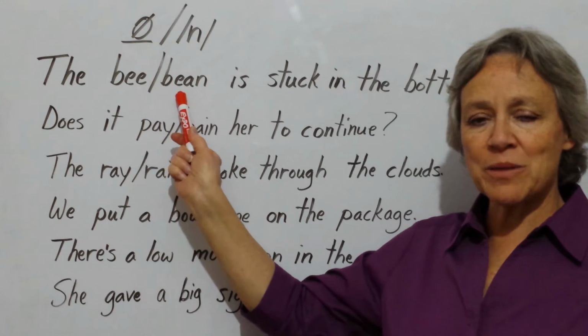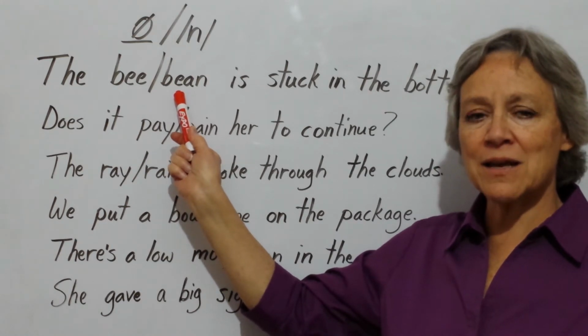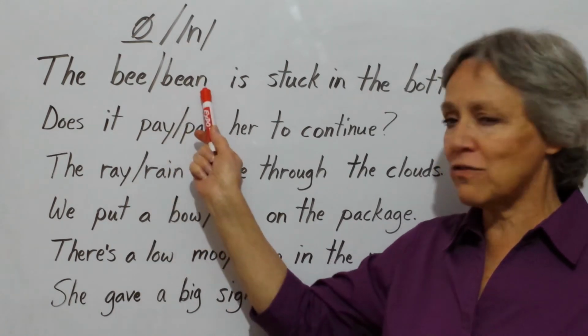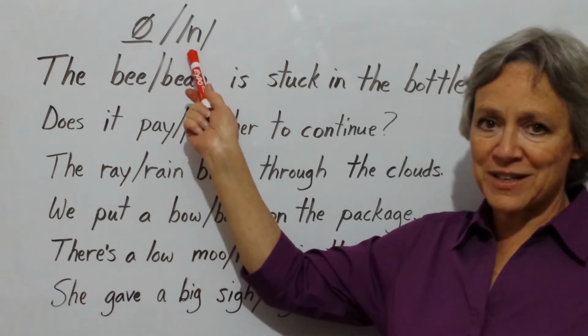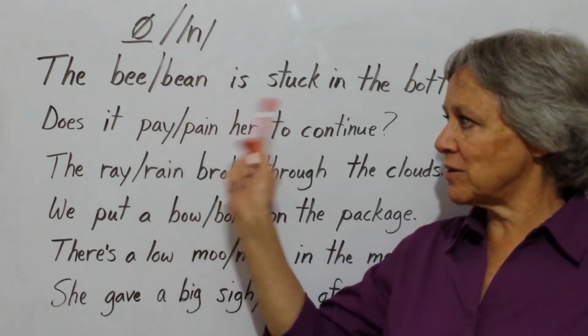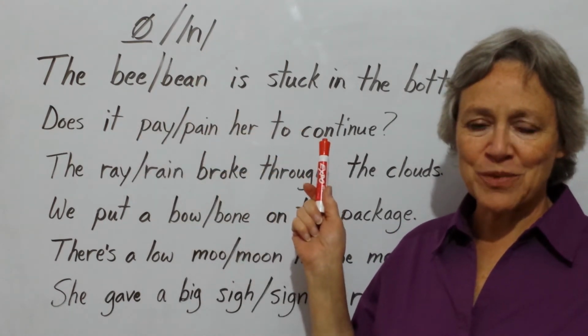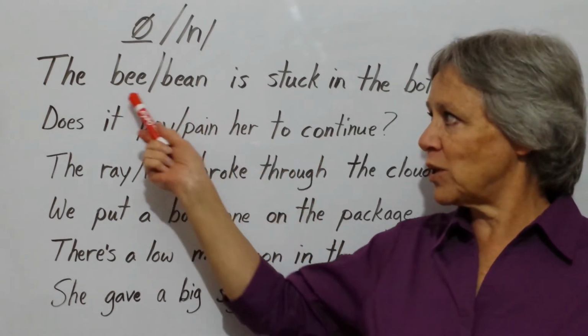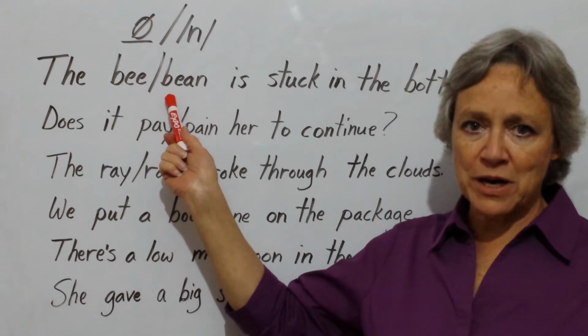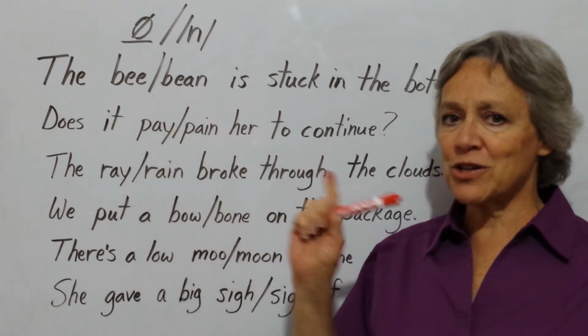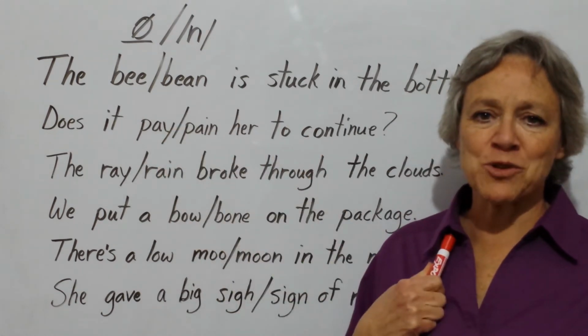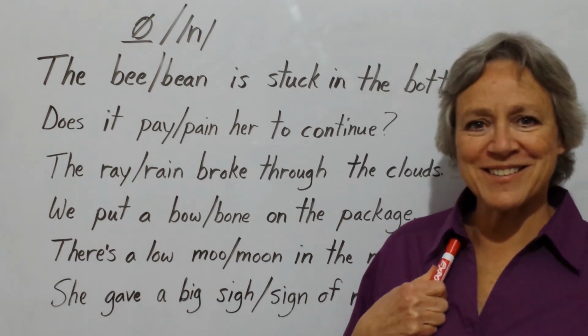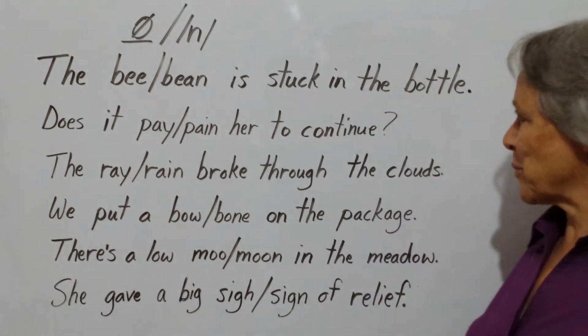The second word in the pair does contain the sound at the end of the word. I'm going to read each sentence to you. When I say it, please decide which of the 2 words in the pair I say. I'm only going to say one of them. So just decide which one I say. All right, that's the quiz. Here we go.